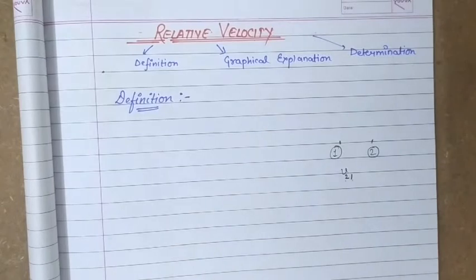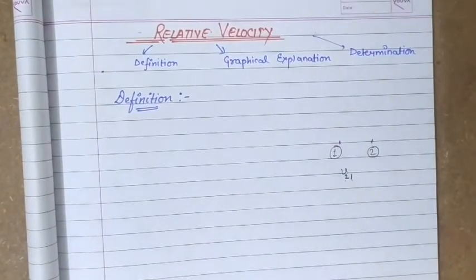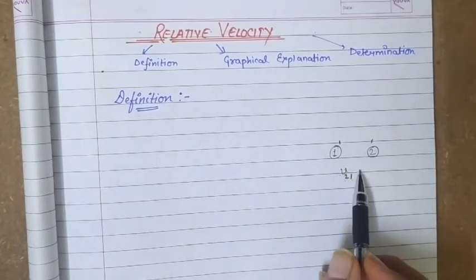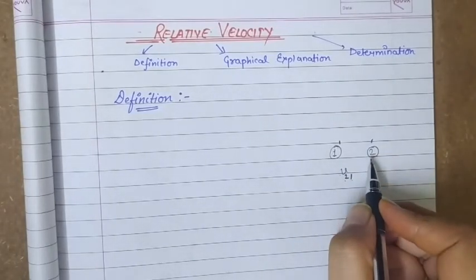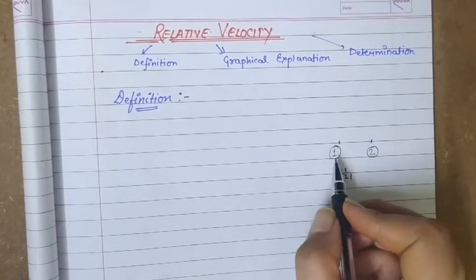This is the relative velocity of object 2 with respect to the first object when both objects are in motion, both have some velocities. So this relative velocity v21 is the time rate of change of position of 2 with respect to 1.